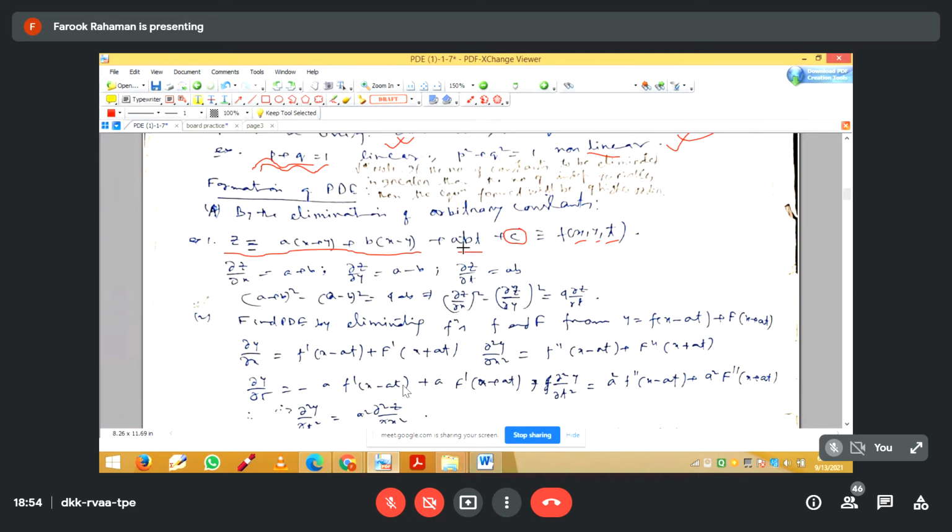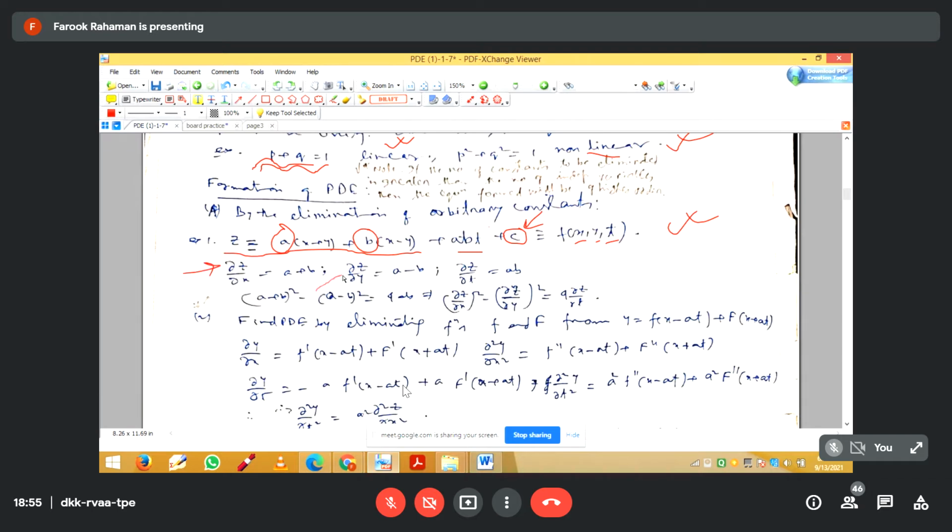To form the differential equation, we have to eliminate these parameters a, b, and c. Just differentiate this function and eliminate a, b, and c. You will get a new equation involving the partial derivatives only. That is how you form the partial differential equation. It's very easy. First, differentiate with respect to x, and one will get this.